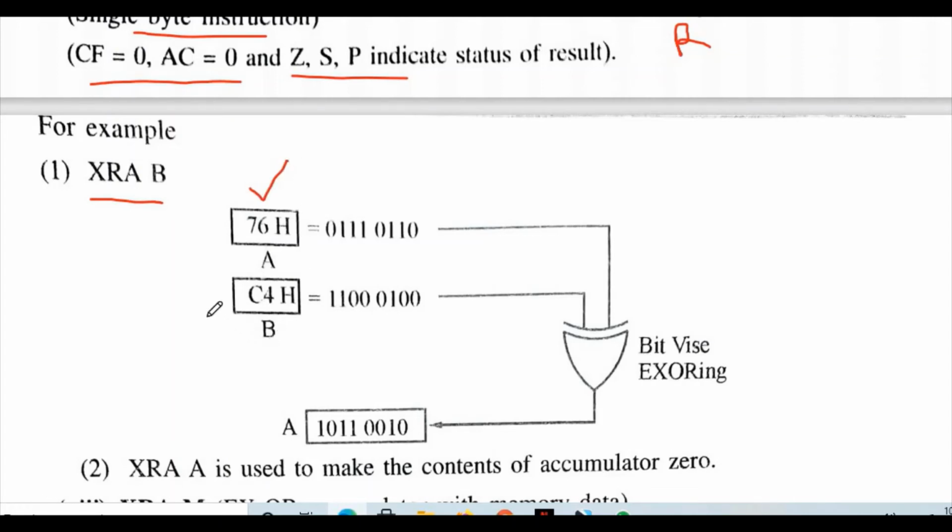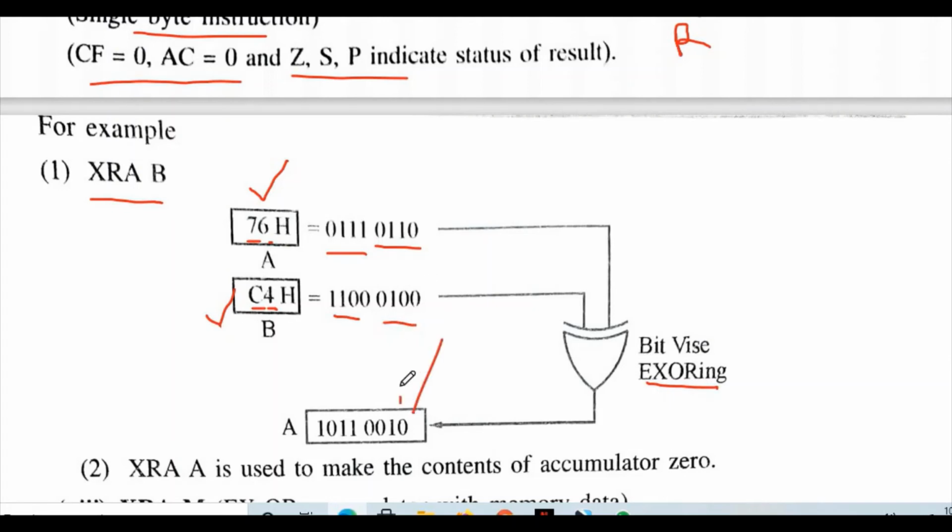These two will be exclusive ORed, and bitwise XORing will happen. 0 and 0 will give 0, 1 and 0 will give 1, 1 and 1 will give 0: 0001, 0010, 1011, 0010. So this will be the exclusive OR of these two, and this will be stored in the accumulator. This is how the instruction XRA B is executed.